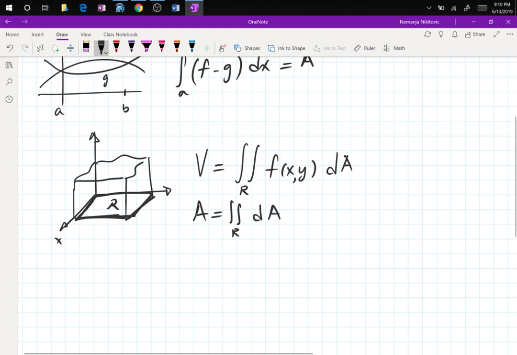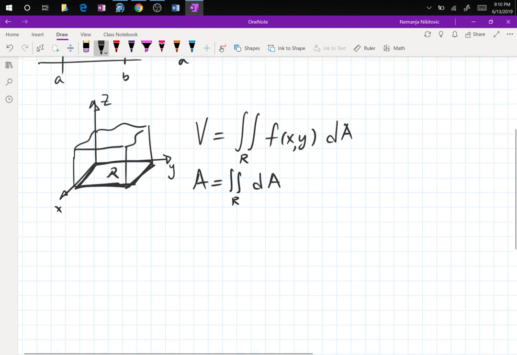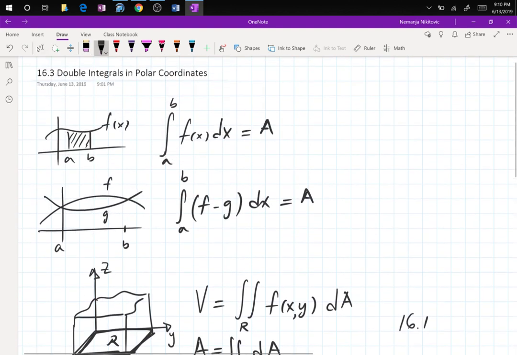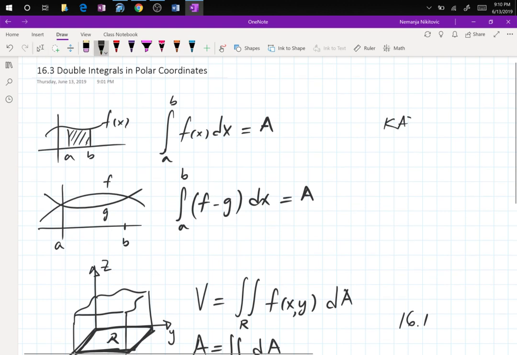So this was 16.1, this was Calc 1, and this was Calc 2.